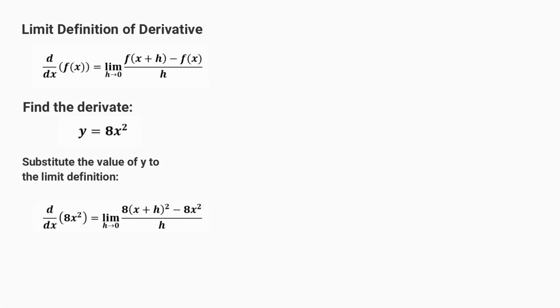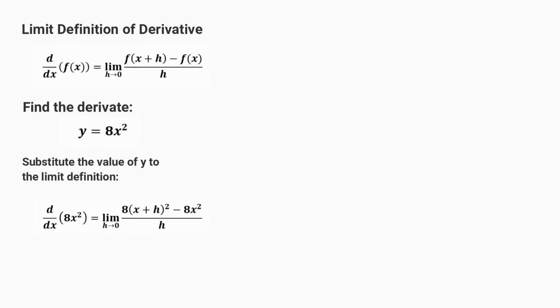It becomes now the derivative of 8x squared is equal to the limit of 8 times x plus h squared minus 8x squared all over h as h approaches 0.